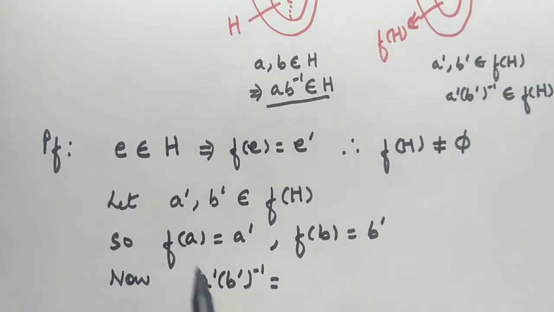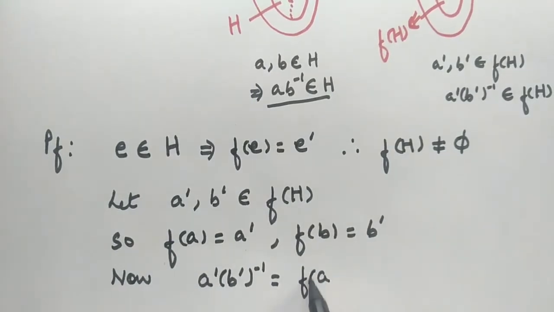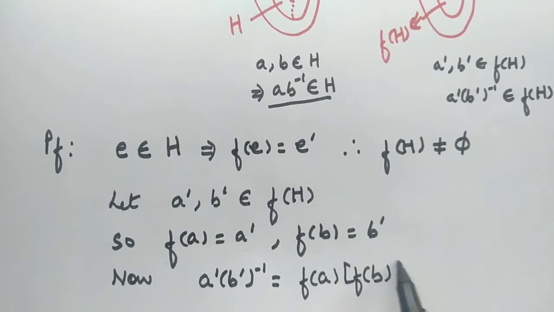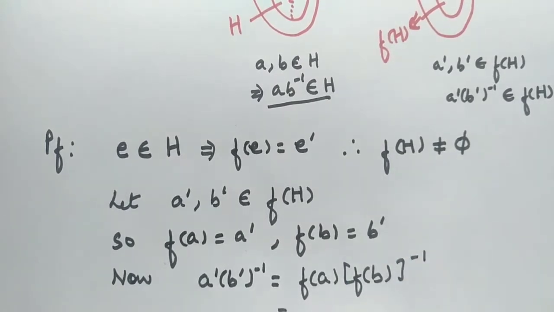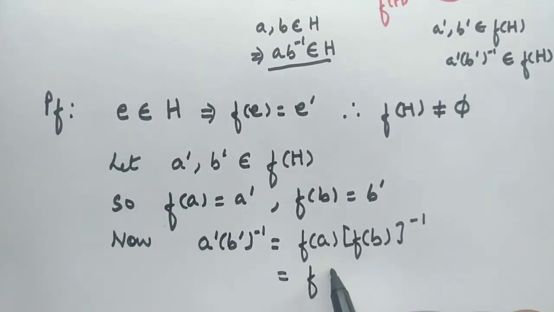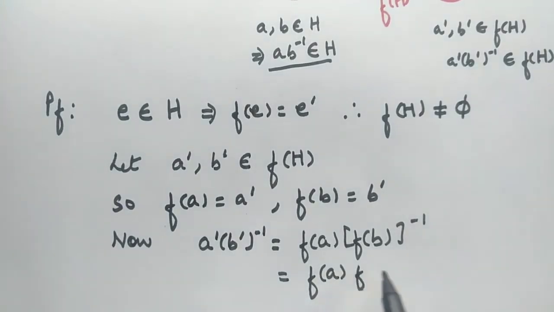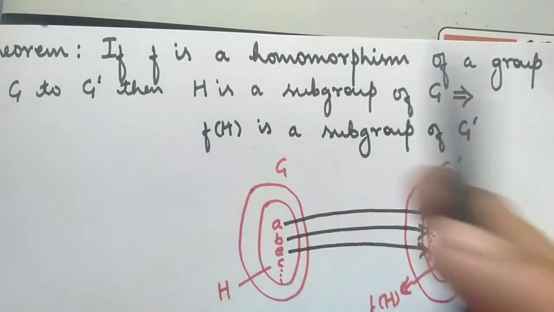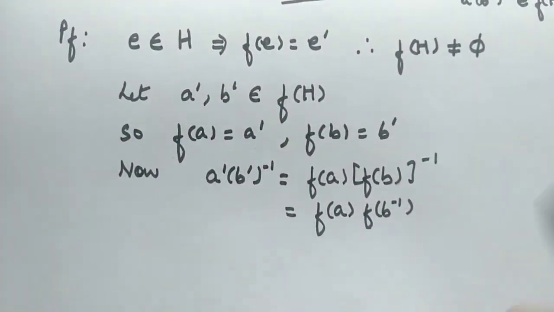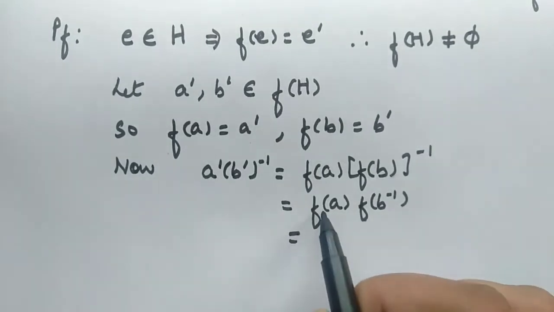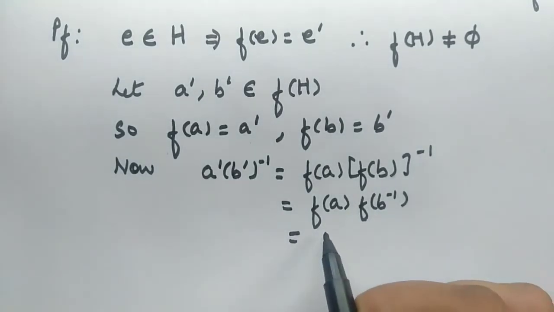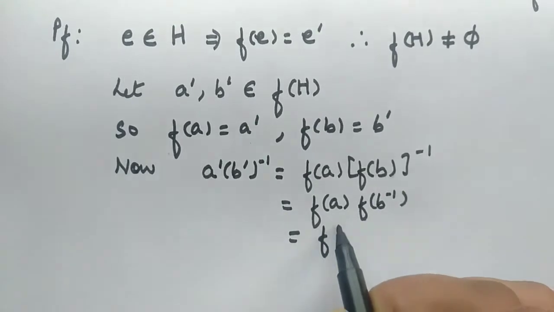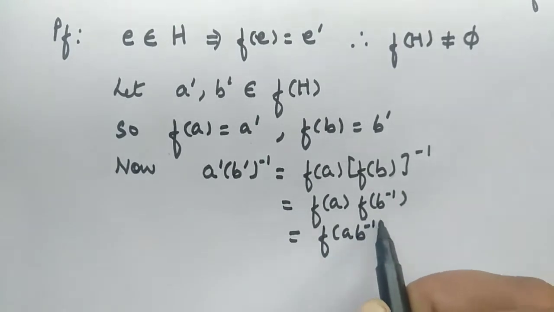Now we take a prime b prime inverse, okay? What is a prime? It is f(a). And what about b prime? It is f(b), the whole inverse, okay? For this one, it means f(b) inverse. Now we already know that this f is a homomorphism. So instead of writing f(a) f(b) inverse, we can write it as f(a b inverse).